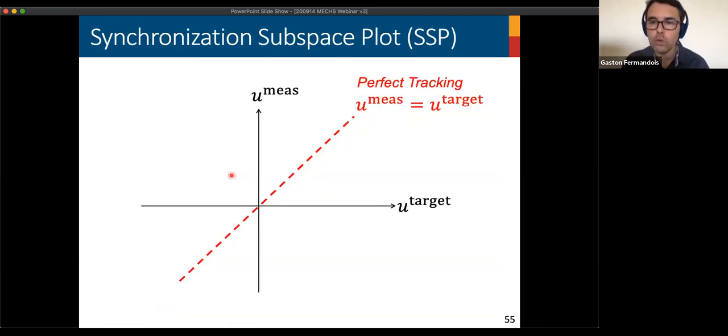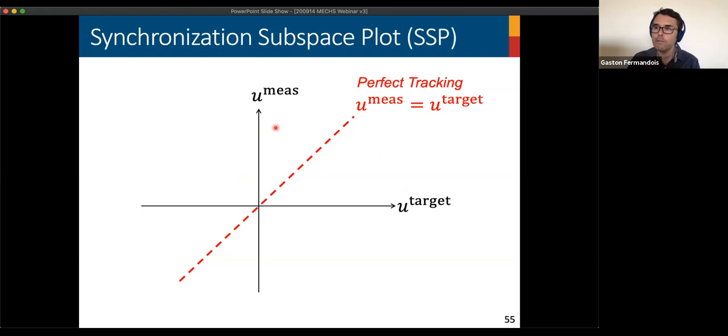One way to assess whether our RTHS or maRTHS has a good synchronization performance is through the synchronization subspace plot. This is a graphical procedure to assess for any synchronization errors. So let's say that we have a coordinate u, and we have the target displacement u and the measured displacement.